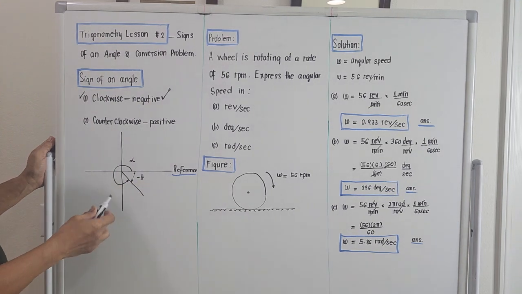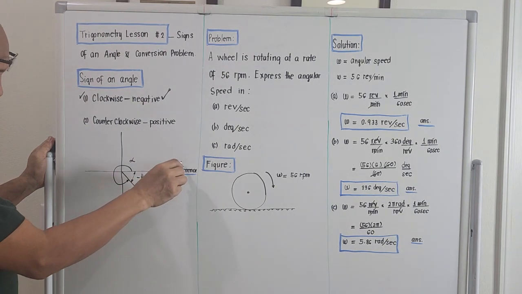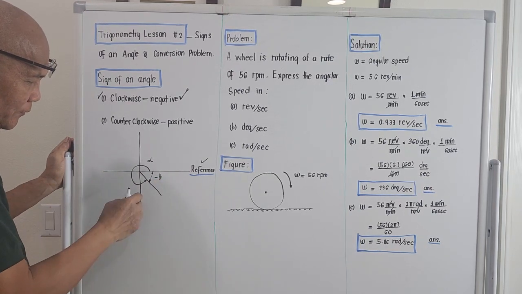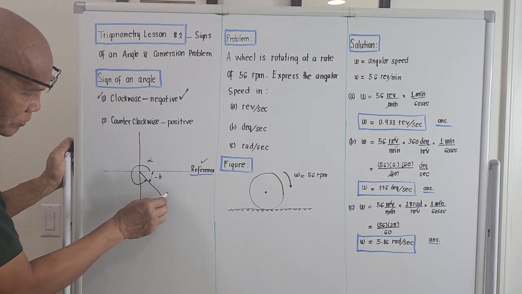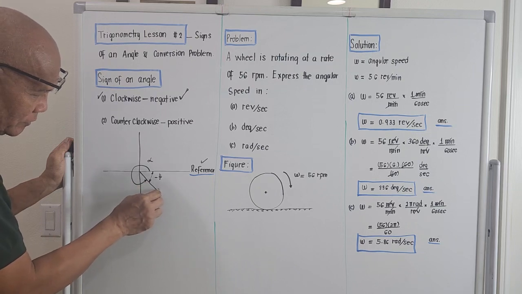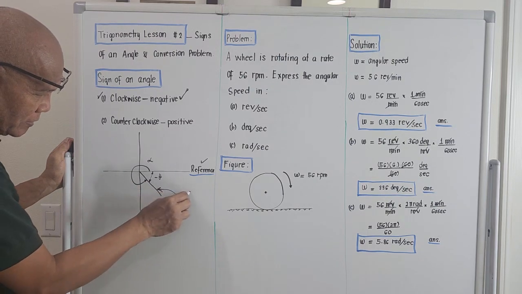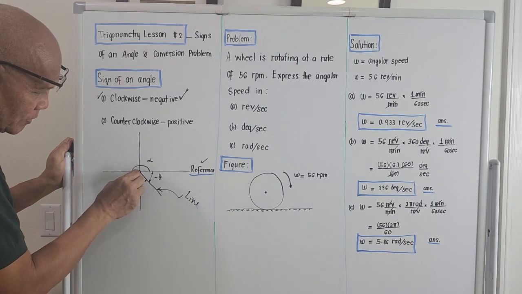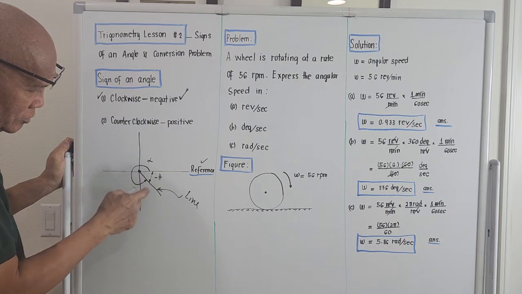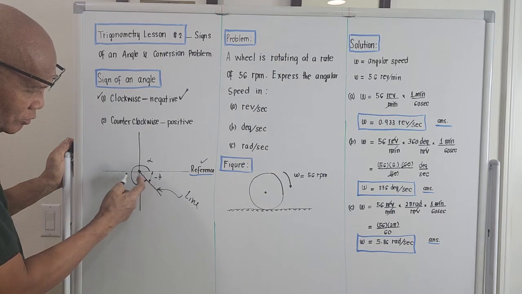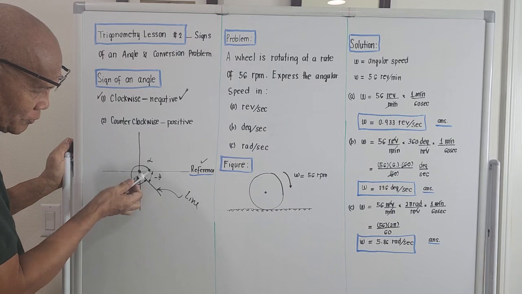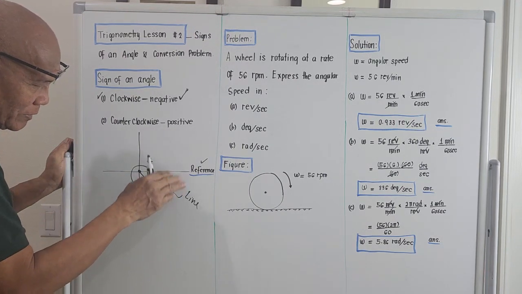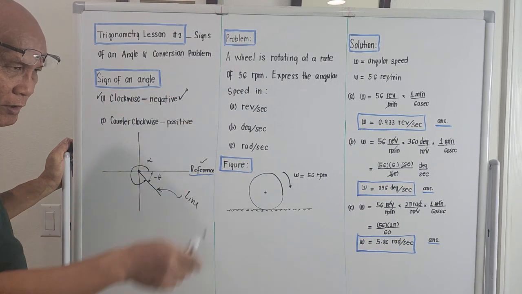An example of this: if this is the reference line, and there is a line over here that emanates from the origin, then if I try to designate the location of this line with respect to the reference line, I could designate it by having an angle measured clockwise.